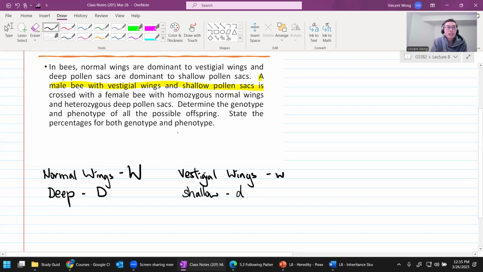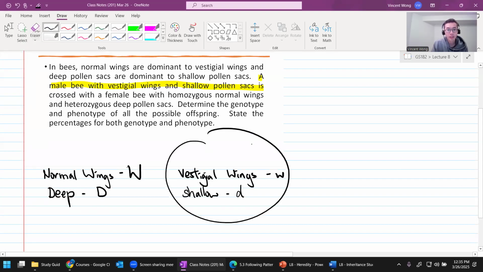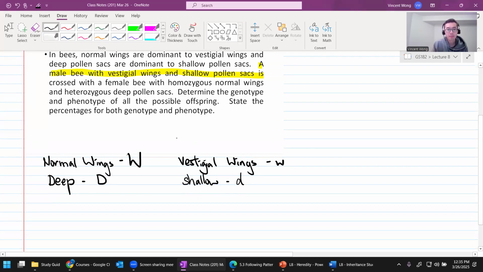The question doesn't tell us whether it's heterozygous or homozygous, because vestigial wings and shallow are both recessive traits, and therefore there's only one possibility for the genotype. Okay, so this is the male bee. Male bee is going to be vestigial wings, so small w, and small d, small d.